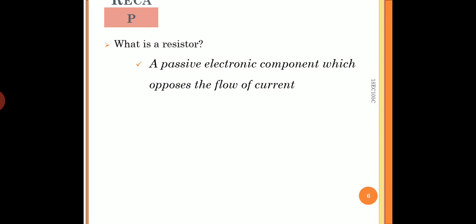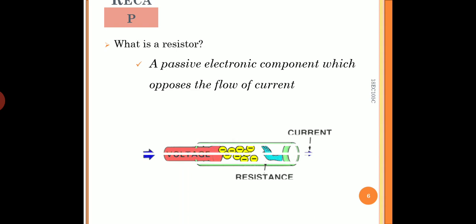Now let us see what a resistor is. A resistor is a passive component which opposes the flow of current. What I discussed earlier was the property of resistance, and this is the resistor. It is a passive element. Let us see further.